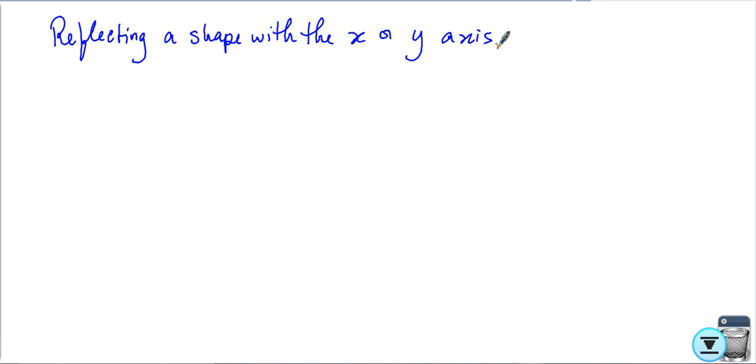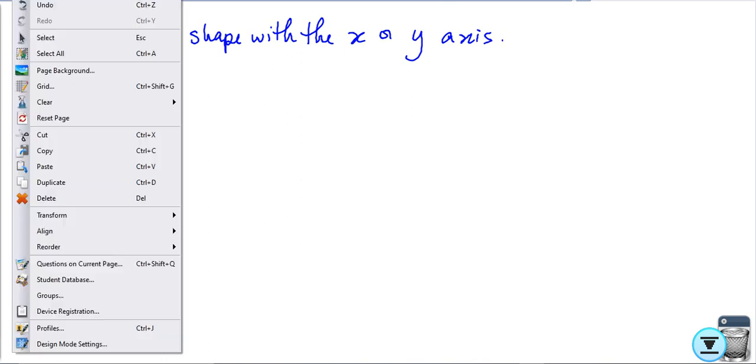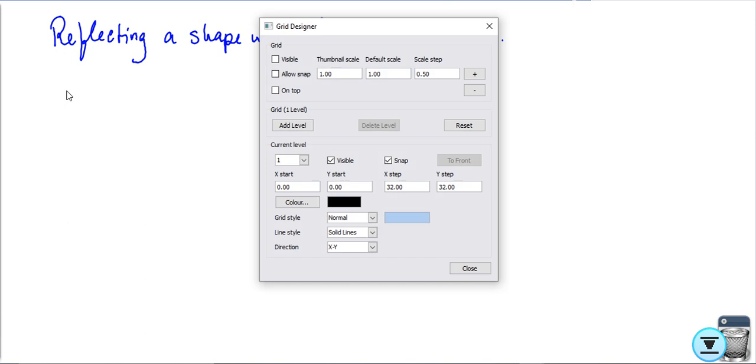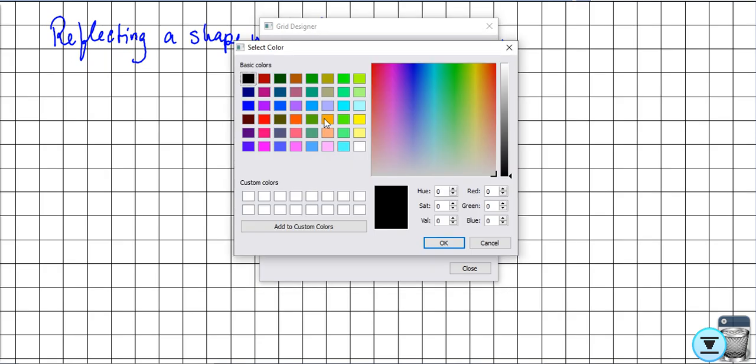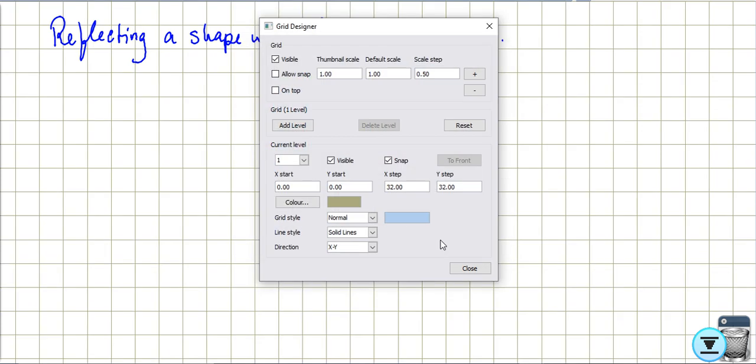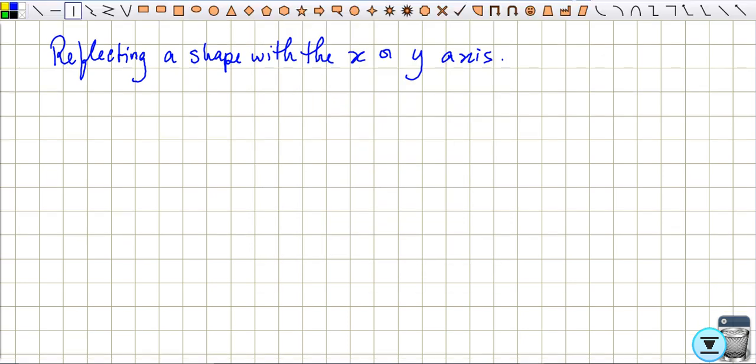Okay, so let's suppose we have a set of coordinates and there is a shape drawn on that set of coordinates.